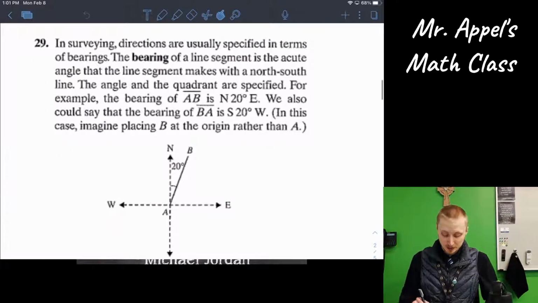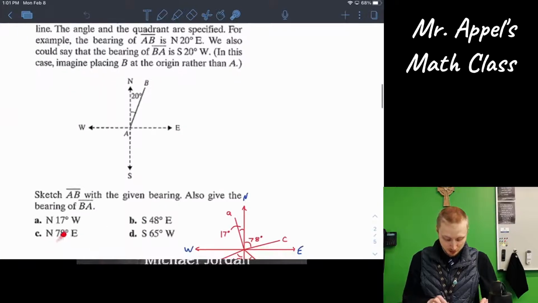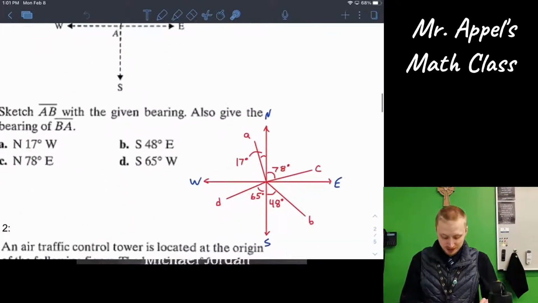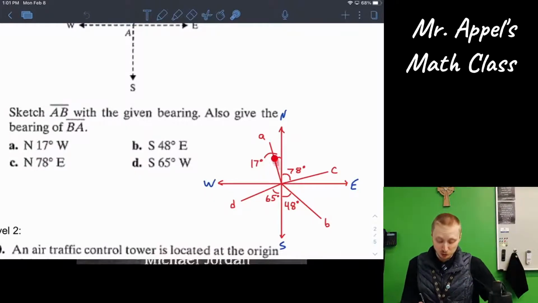And instead of one angle all the way around, this is between north and south here. So notice we have much smaller degree measures, and it always includes 2 indicators. North, 17 degrees west. That means from north, go 17 degrees towards west, and that's your final actual direction that you're traveling in. Okay? It's just handy to have for reference.